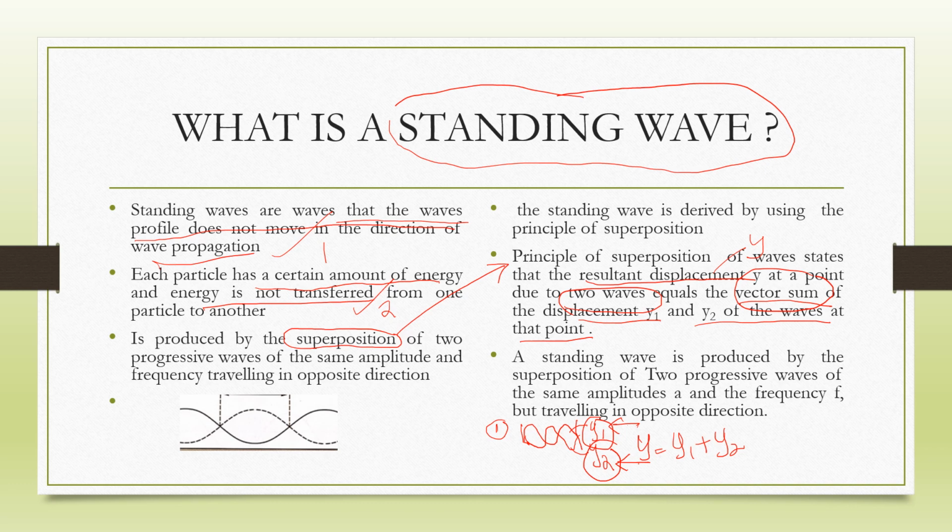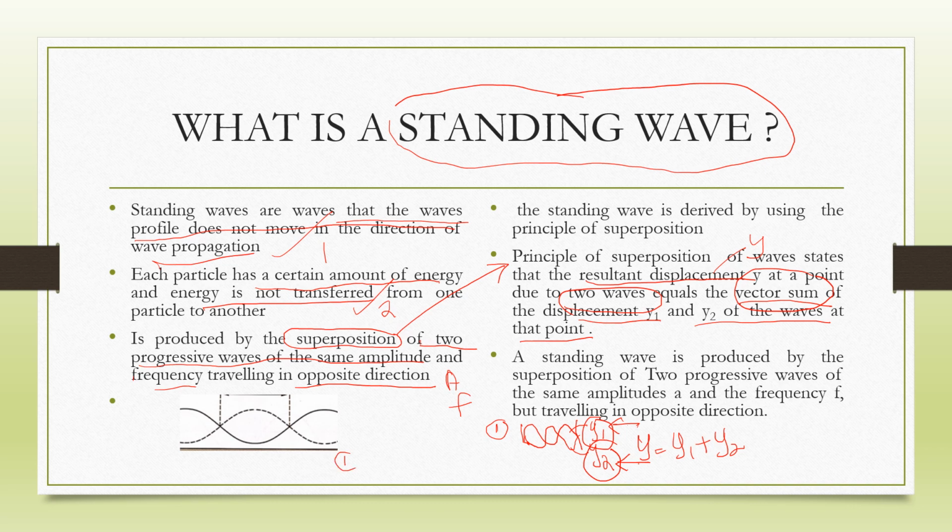Now that is a condition. Okay, there is a condition. The condition is these two progressive waves of the same amplitude and frequency traveling in the opposite direction. They must be the same amplitude, they must be the same frequency, but they're traveling in the opposite direction.